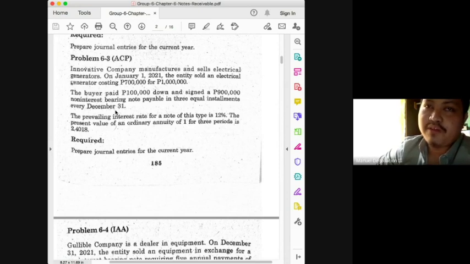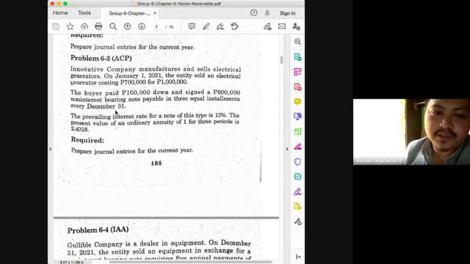So after 1 year, the balance, the face value or the gross amount of notes receivable was 600,000. After another 300,000 payment, the balance is now just 300,000. So 300,000 minus 32,154 will give us the remaining balance of 267,846.